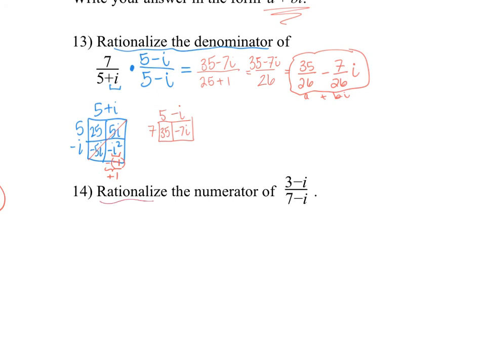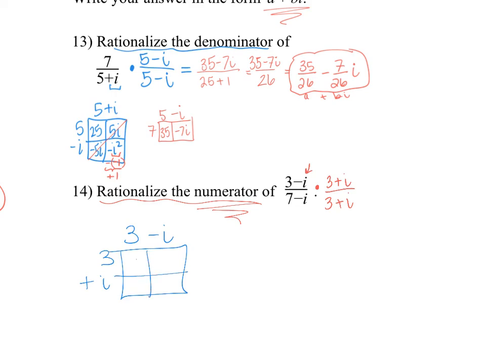All right, we got 2 more left on here. Again, rationalizing. This time it says the numerator. And this one we can't write in the form a plus bi, so we're not going to worry about that part. But we do want to see how to get rid of that minus i part. So we'll multiply by its complex conjugate. This time we have a few different multiplications to do, so let's write 3 minus i, 3 plus i.